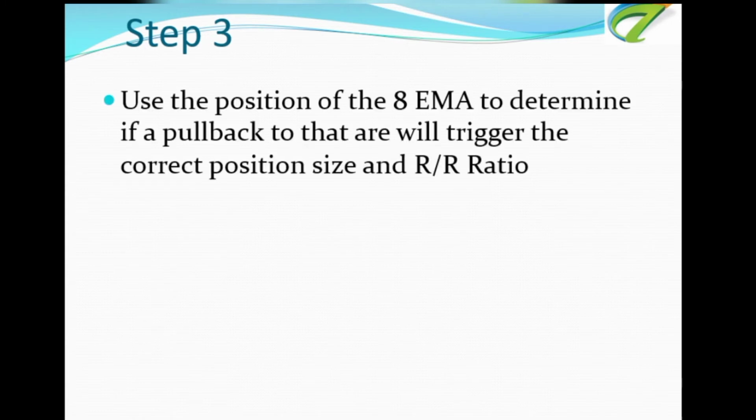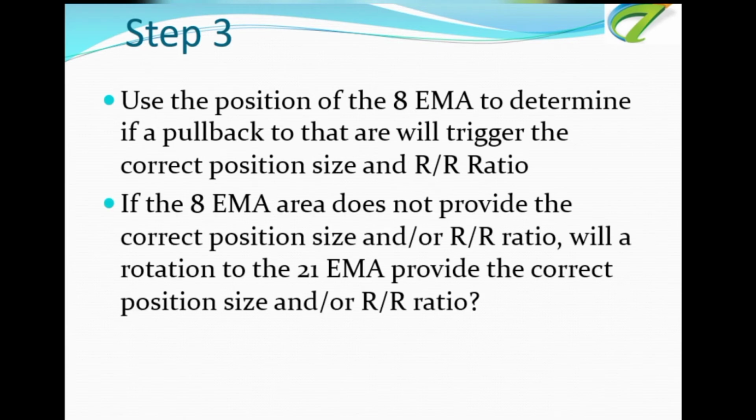Step 3. Use the position of the 8 EMA to determine if a pullback to that will trigger the correct position size and reward to risk ratio. If the 8 EMA area does not provide the correct position size and reward to risk ratio, will a rotation to the 21 EMA provide the correct position size and reward to risk ratio?